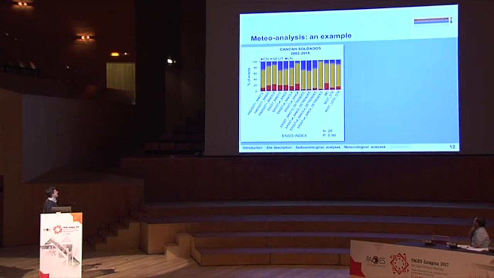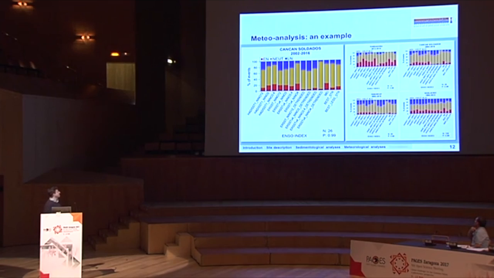What we clearly see, it's quite a colorful picture, which means we cannot clearly say that intense precipitation is only occurring during El Niño. Moreover, we did this for all the other stations here, just the four closest ones to the park, and one sees exactly the same. So we do not see only red faces, which would represent El Niño.